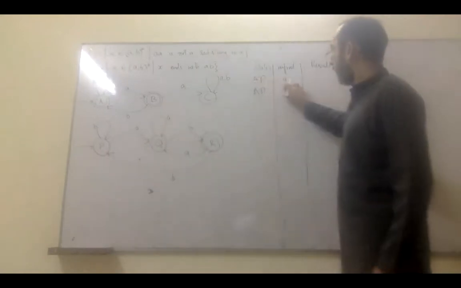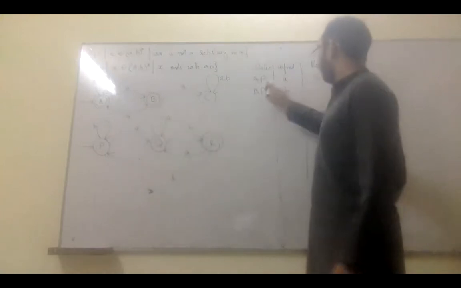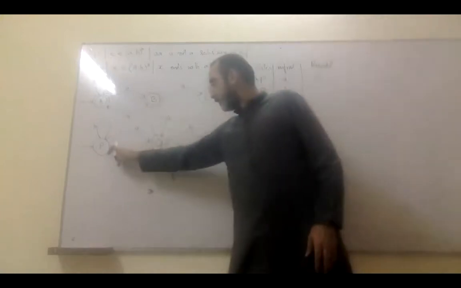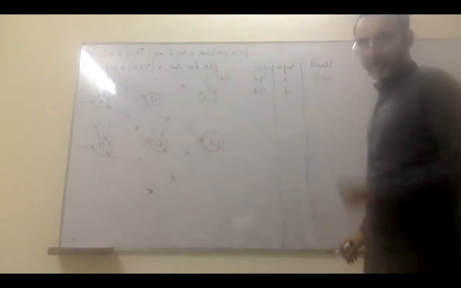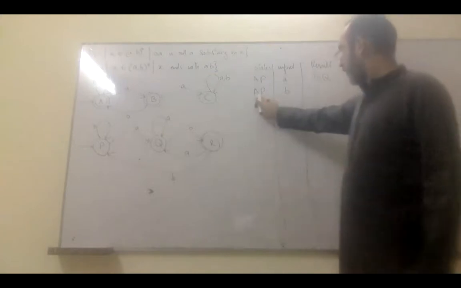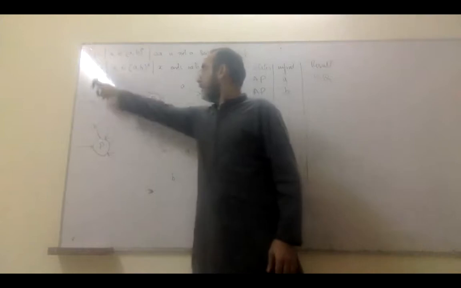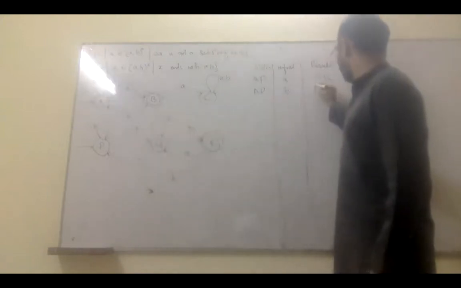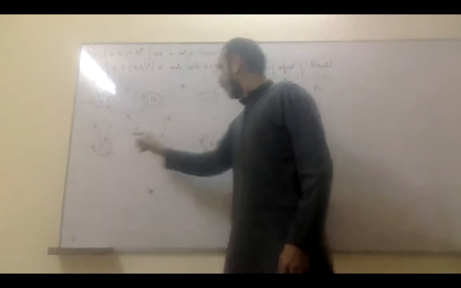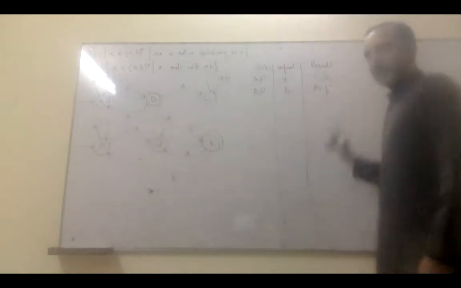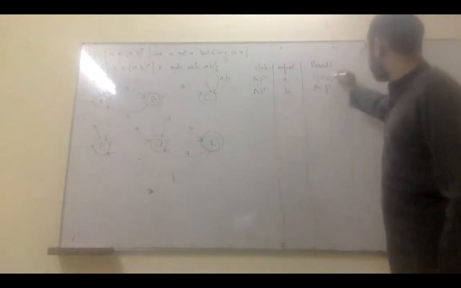And then with b, at A, b goes to A, and at P, b goes to P. So AP stays, and BQ is the new pair which is coming here.